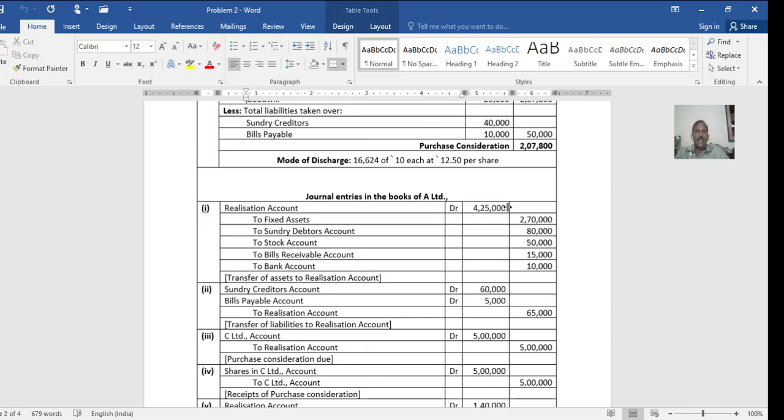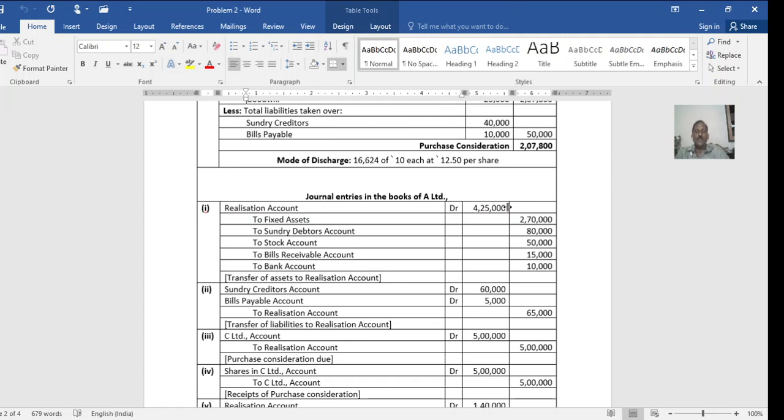Remember, assets should be transferred, whether taken over or not, at book value, meaning balance sheet value. Then second entry: sundry creditors account debit, at book value, and bills payable, because it says assets and liabilities are taken over, so both liabilities are taken over at book value. Credit to realization.